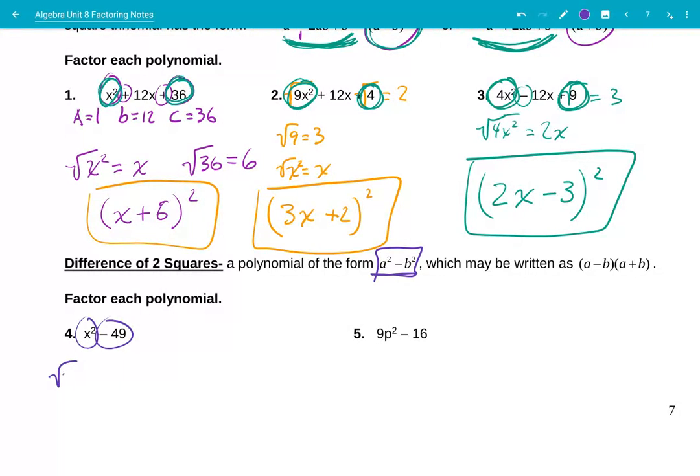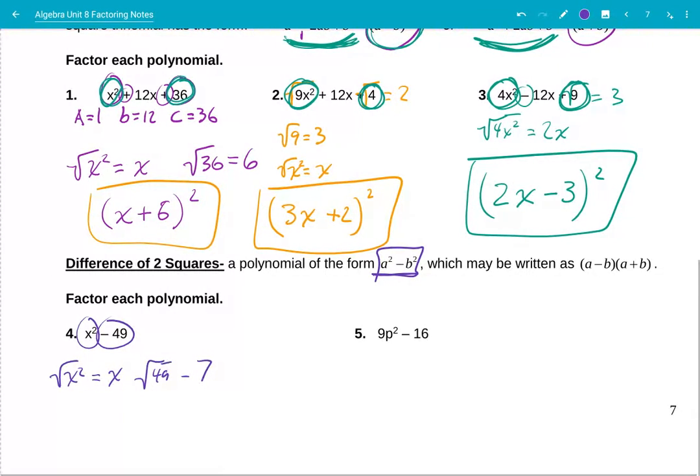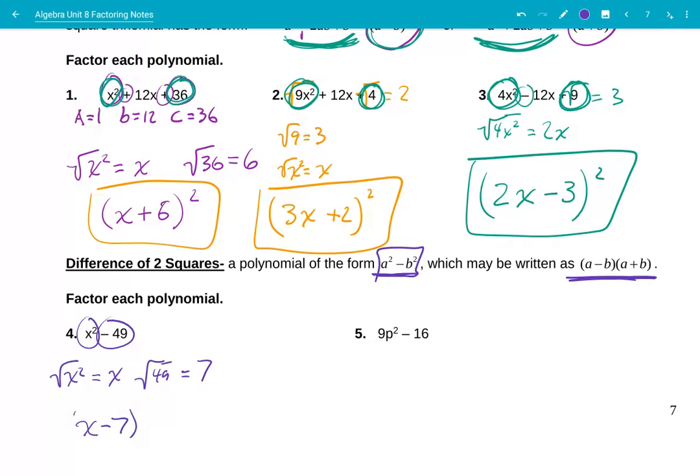So the square root of x squared equals x. The square root of 49 equals 7. And that's a negative 49, but it doesn't matter because you can't find the square root of a negative number. Not yet, anyway. So we just need to find the square root of that, 7. So that takes this form right here. You're going to have x minus 7 and x plus 7.